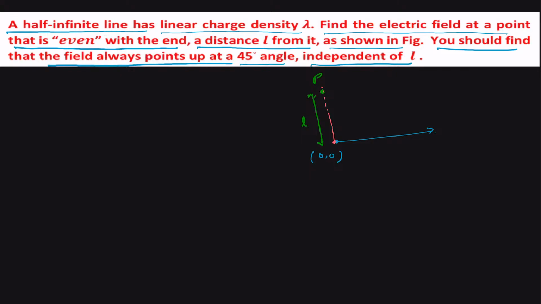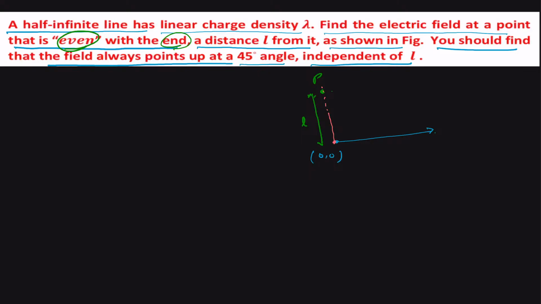The phrasing of the question is a little bit typical rather. But if you draw the figure, we can clearly find out. Now we have to find the electric field at point P in case of a semi-infinite line. That is, I think, one of the easiest parts to do in electrostatics. But here the question was framed: find the electric field at a point that is even with the end.